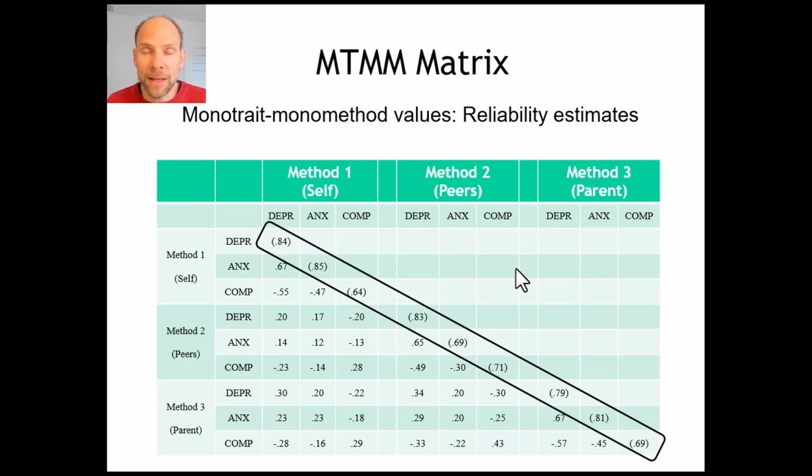When you correlate something with itself, the correlation must be 1.0. Now, since this is boring and uninteresting, Campbell and Fiske proposed putting different values there that are more relevant to a psychometric analysis, and they proposed putting the reliabilities there.